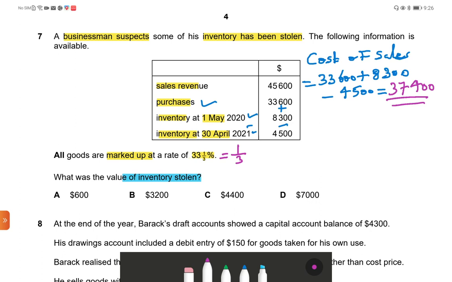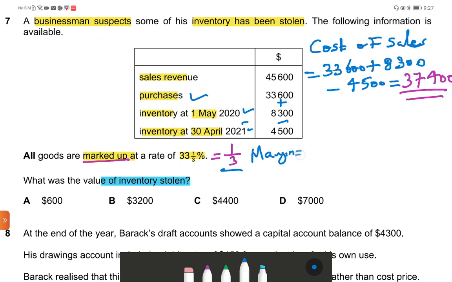Next, we have to find the profit of the year, then find the actual cost of sales. All goods are marked up 33 1/3, that means 1/3. But they have not given the proper cost of sales, because there is some stolen inventory that is not included. So if the markup is 1/3, margin will be 1/4.